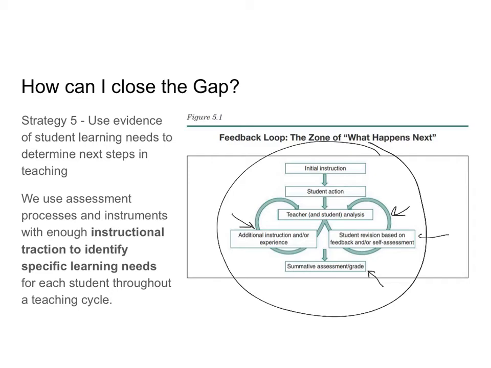So this is the part that we're going to be focusing on in creating distractors and other tools to then lead to this summative assessment, which could be a multiple choice test or other quiz.